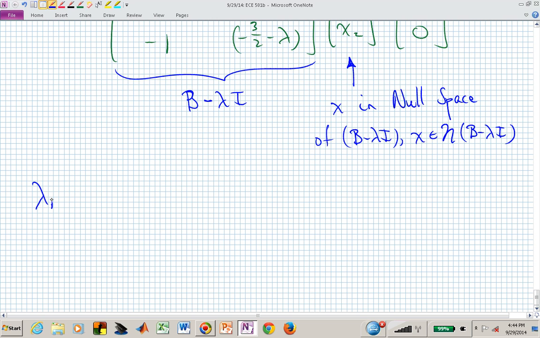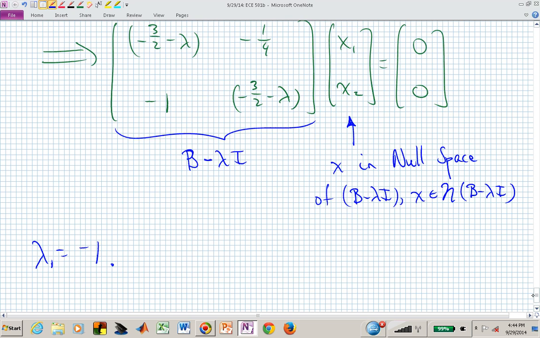With lambda 1 equal to minus 1, now we have, in terms of a matrix, minus 3/2 minus 1, or that's now minus 3/2 plus 1, or minus 1/2, minus 1/4, minus 1, and we have minus 3/2 again, minus a minus 1, or minus 1/2.